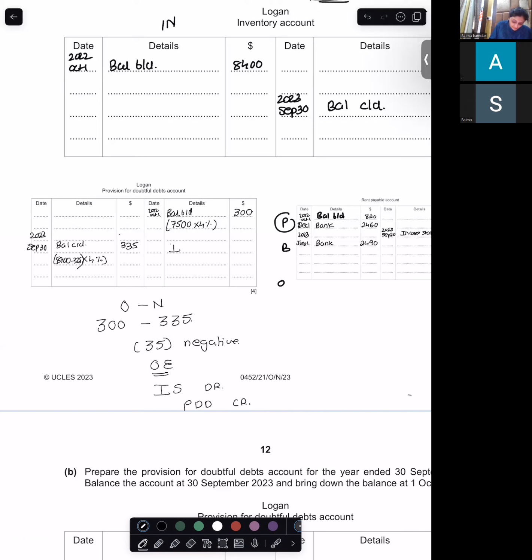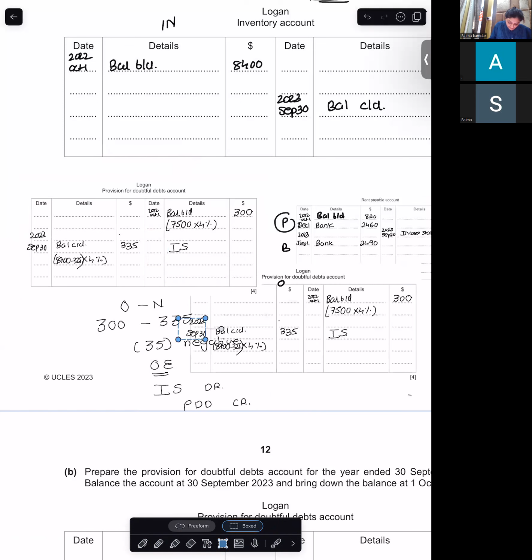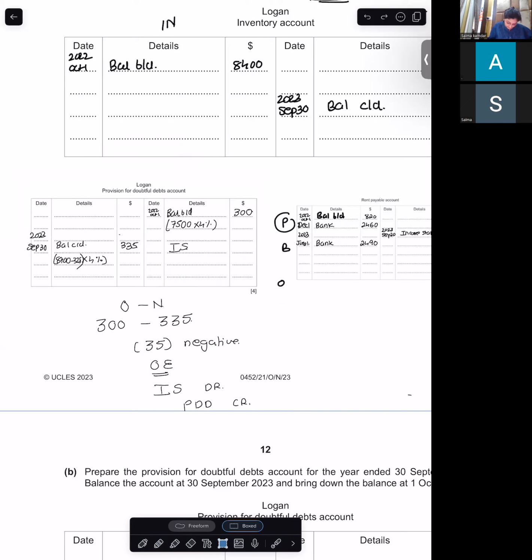On the provision for doubtful debts credit side, on the last date, what will you write? Income statement, 2023, September 30, the difference 35. Yes, Miss.